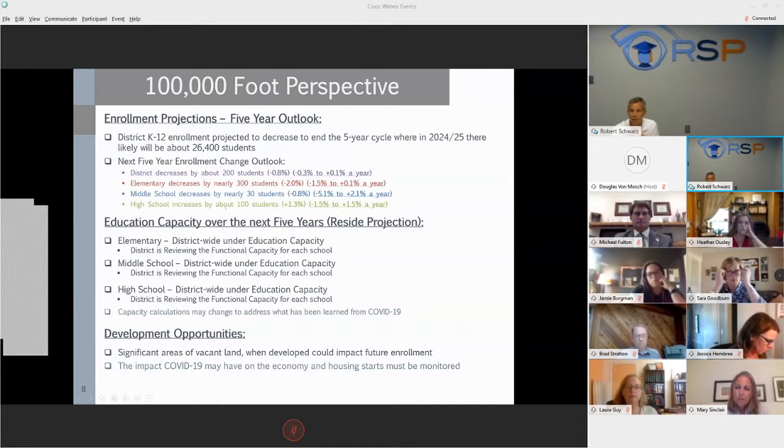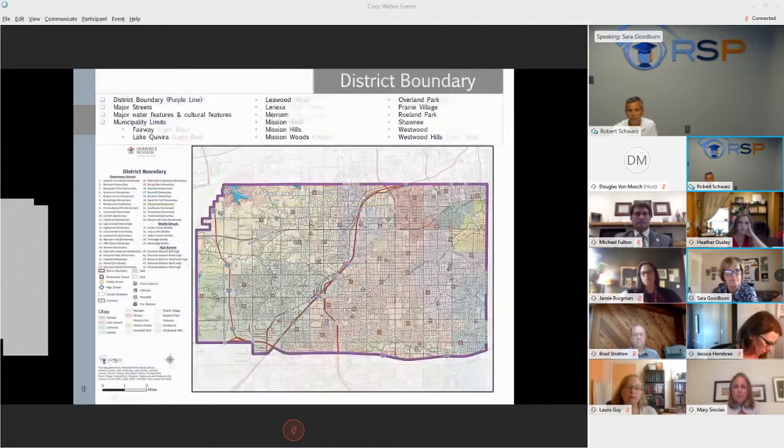When we get into the developments, really we were focusing on where we would see more demolitions and rebuilds, where we'd see new infill development, and how quickly things on the west side of the district would see some new enrollments, and specifically what type of development that might be. That's the 100,000 foot view.